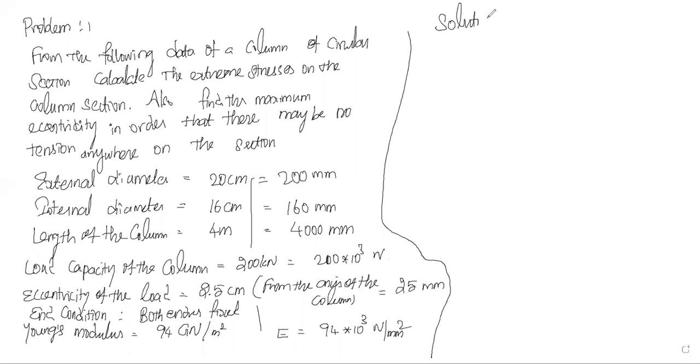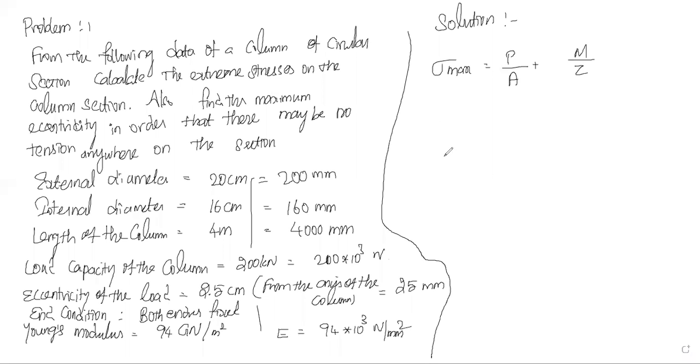Solution. So first, we all know that bending moment M, sigma max is equal to P by A plus M by Z is the formula.